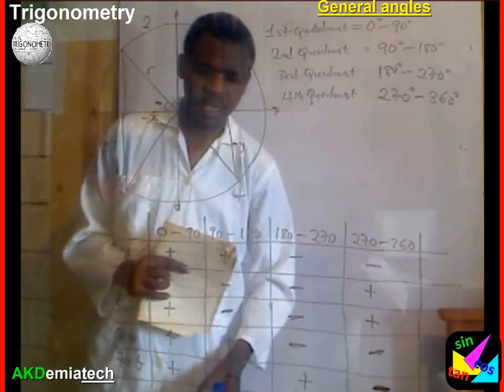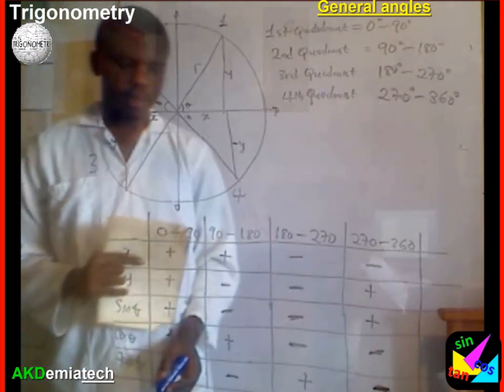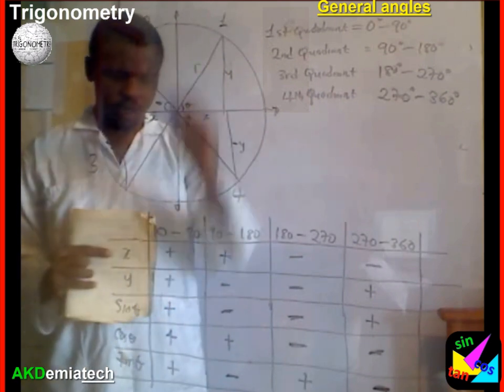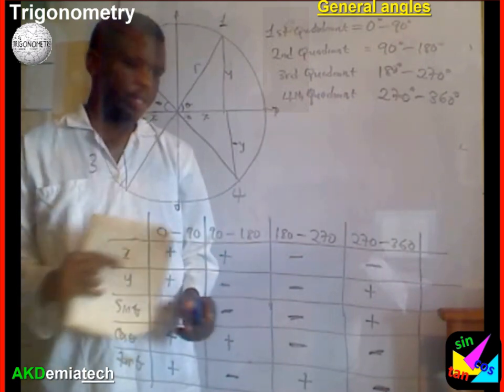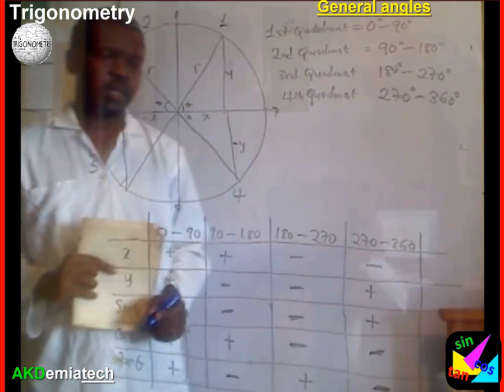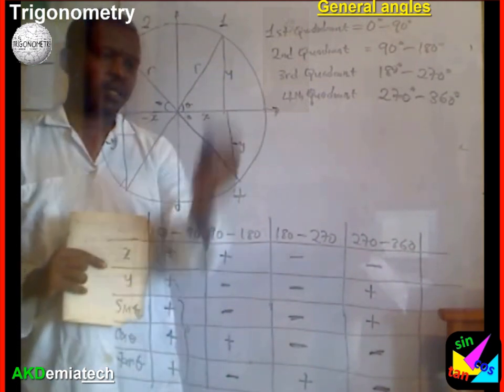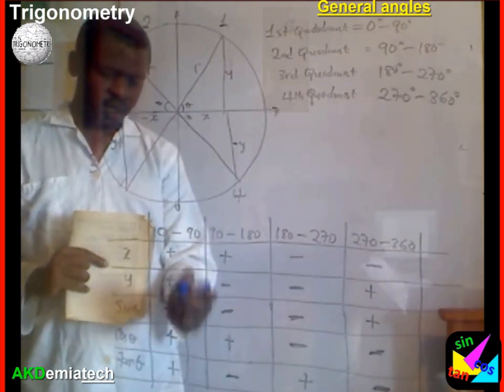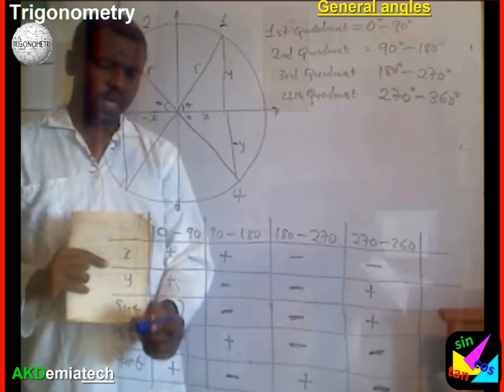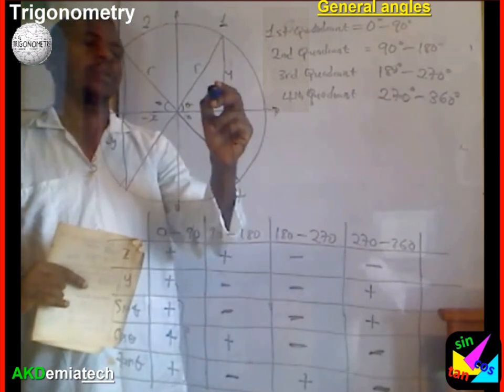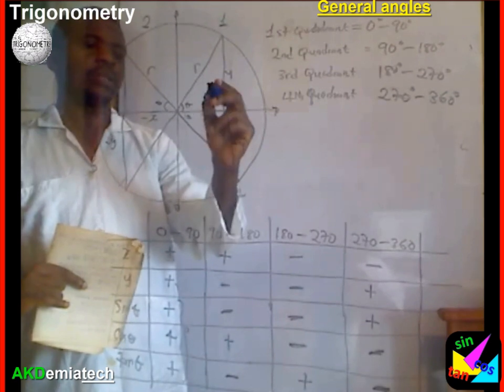So in which of these quadrants are the different trigonometric ratios positive? What do we see? In the first quadrant, the trigonometric ratios sine, cosine and tangent are all positive. So I put an A there to show that all are positive.